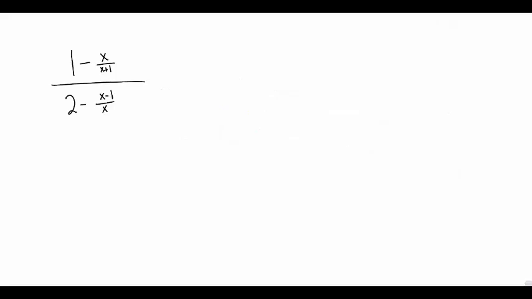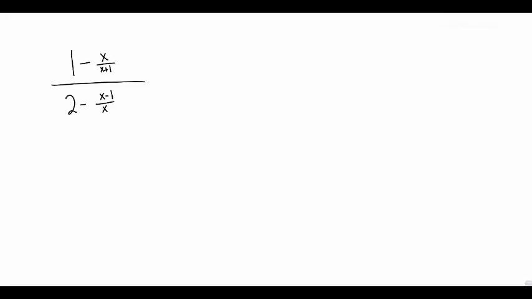Now, there are two equally valid methods for doing this type of problem. Let's explore one of them. Here's our original complex rational expression, and we want to simplify it into an ordinary rational expression. When we simplify a rational expression, we come up with one that is equivalent to the original.